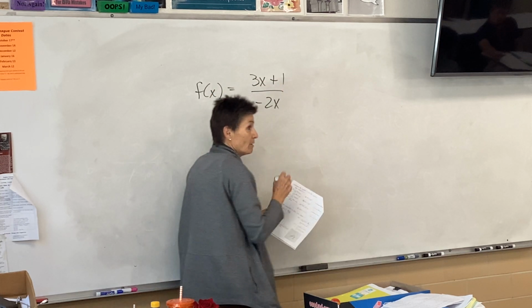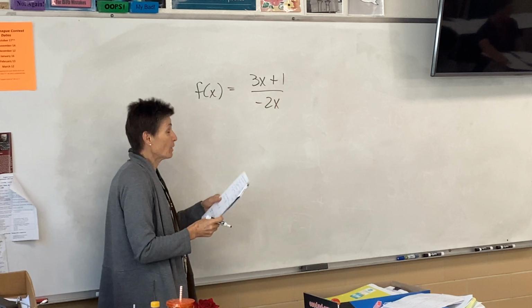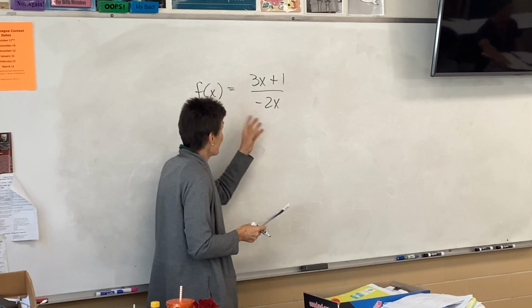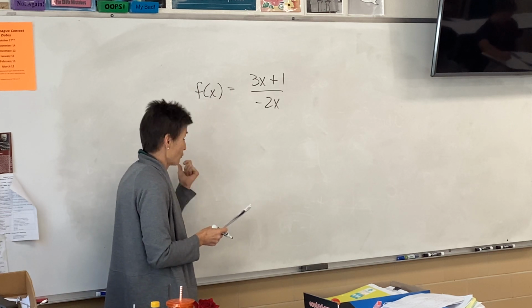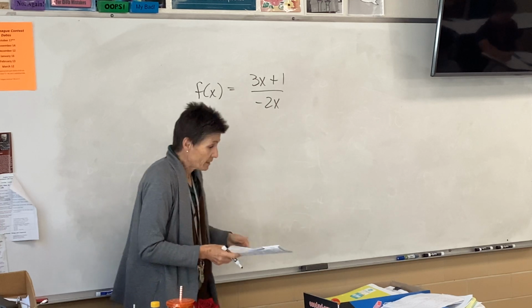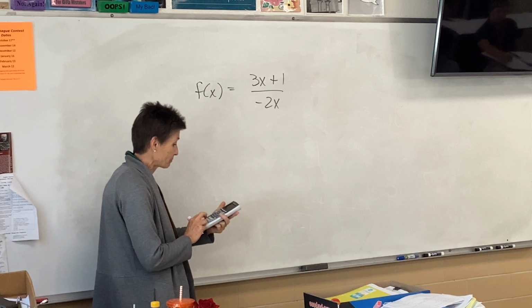Now, we're getting there in this unit, 1.7, 1.8, 1.9, 1.10. We're going to get there, but right now, you're not expected to be able to graph that thing on your own. So you put it in your calculator, and what shape did you get?